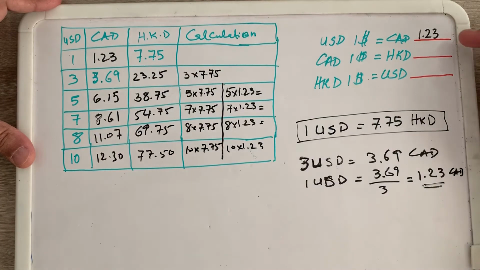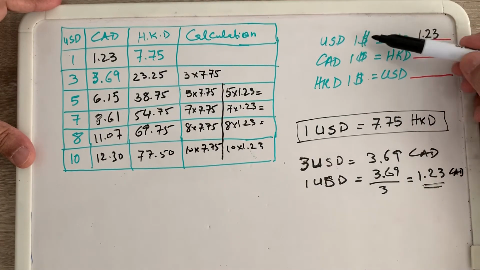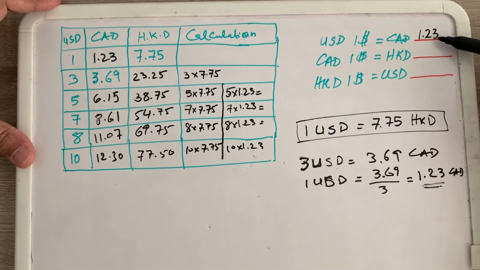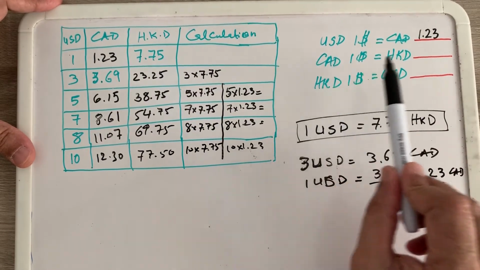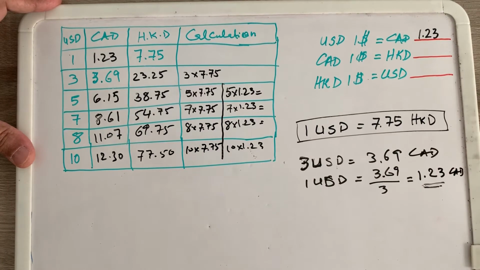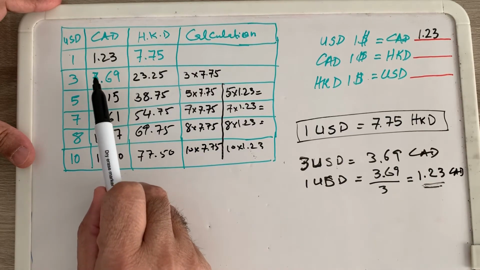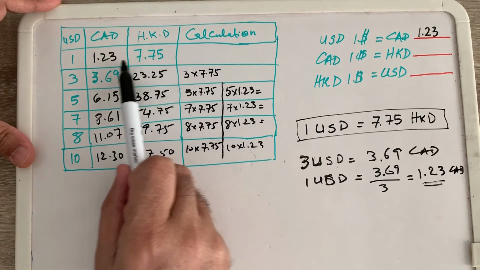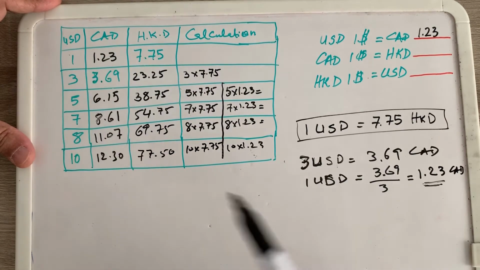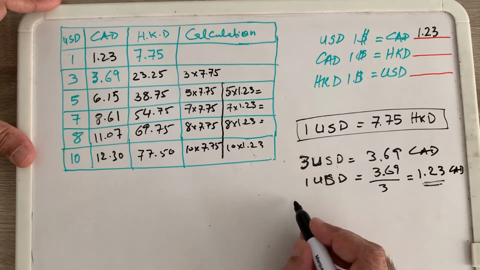Now here, one thing I did: 1 USD is 1.23 times, right? So now I have to find out 1 CAD in terms of HKD. So what is 1 CAD? Here the relationship is that 7.75 HKD is 1.23 CAD. So you have to do some calculation.